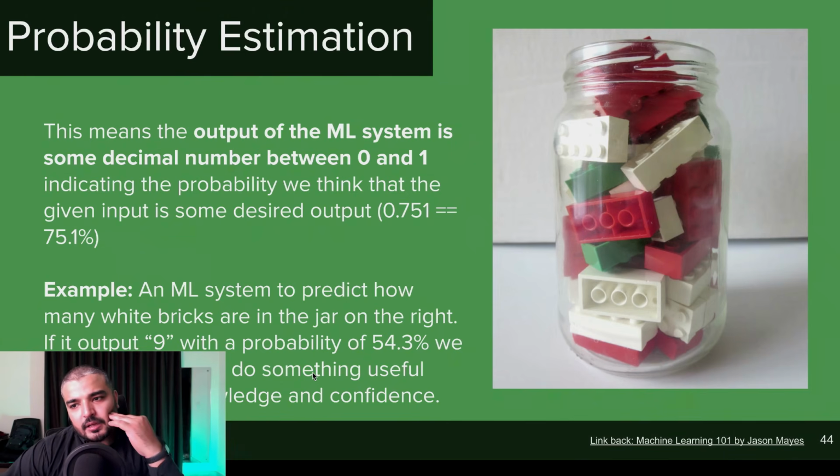So a common model or algorithm is something called Bayesian algorithms, that are built upon Bayes' theorem of conditional probability: if event A has occurred, then what is the probability that event B is occurring.